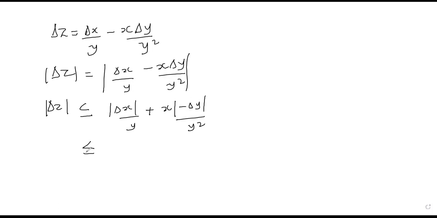So this will be less or equal to, we can factorize out x over y, so that if we put out x over y, here it will become delta x over x, so that when you multiply, it goes back to that.